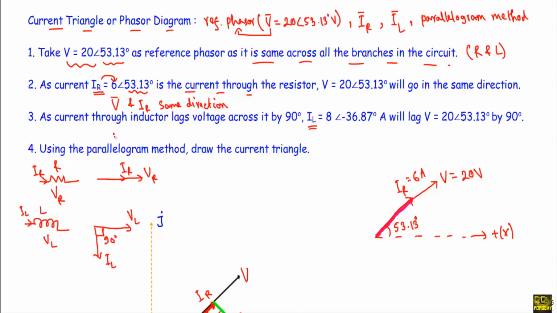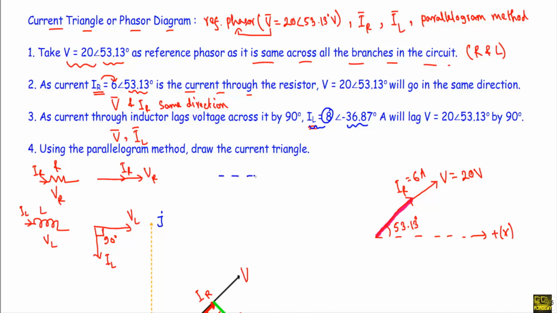Here the voltage across the inductor is V and the current is IL. Therefore you will see, as V is going in this direction, IL will create 90 degree with respect to this V. Let's say this IL has a magnitude of 8 ampere and it will create an angle of minus 36.87 degree with respect to plus x axis.